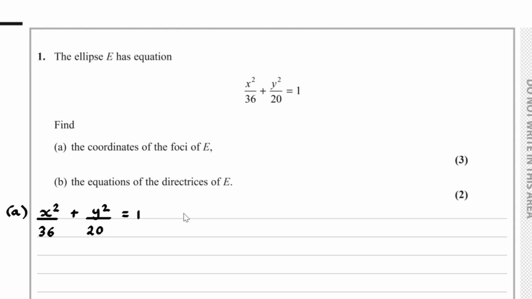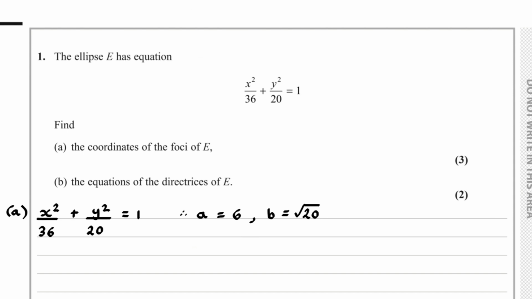You can see here then, A is equal to the square root of 36, which is 6, and B is equal to the square root of 20, which we will leave as square root 20.